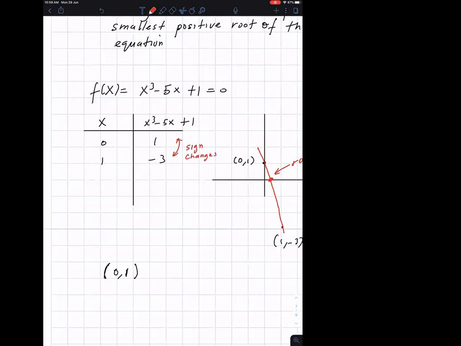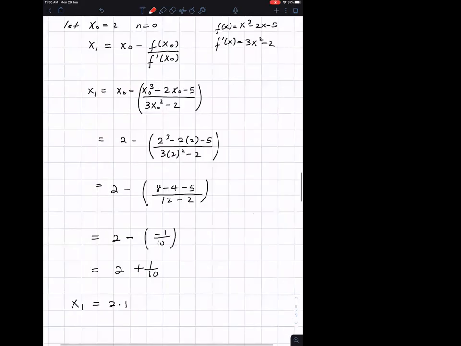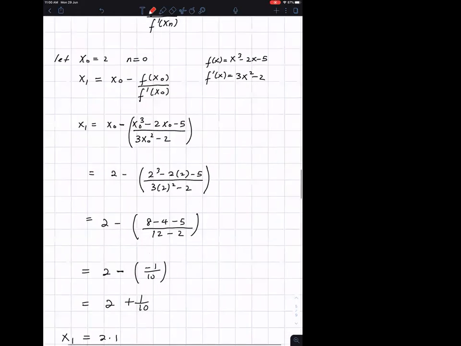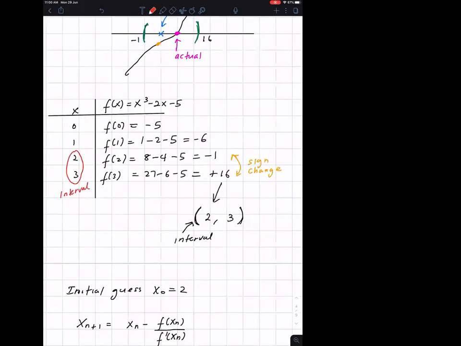Sign changes. So this is the interval. Sorry about that. Just now we chose 2 as our initial guess based on this interval.